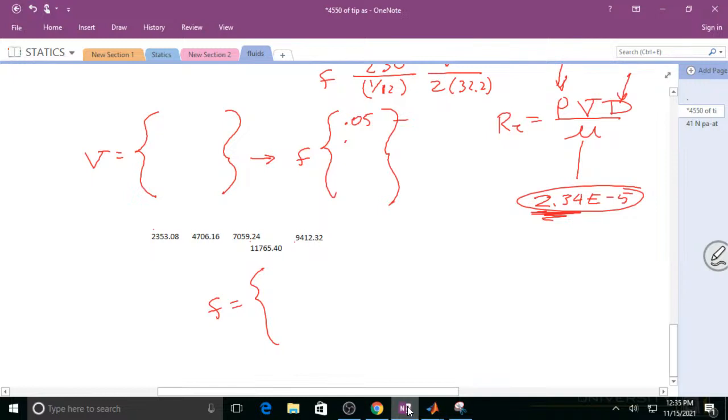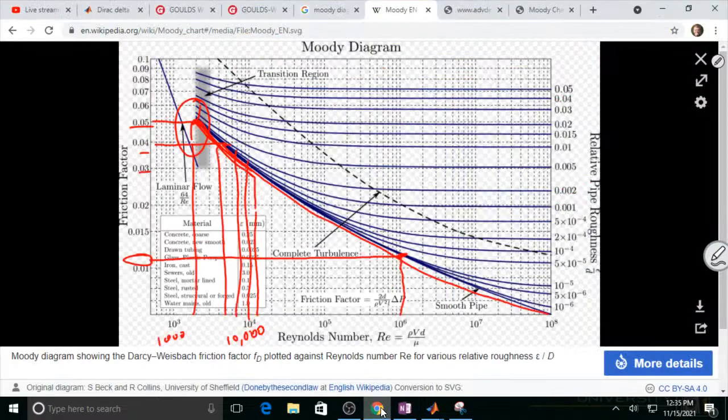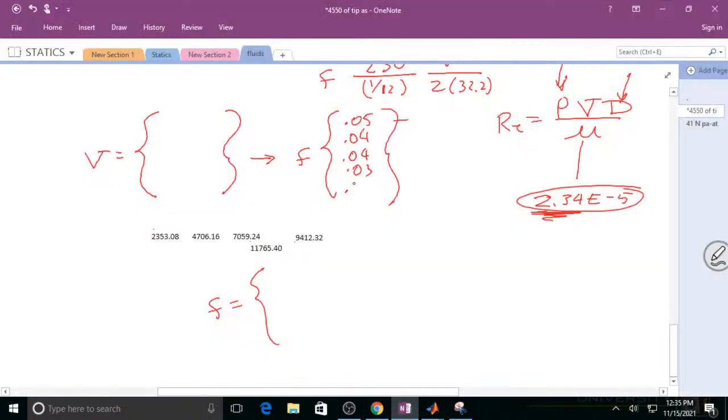I'm just going to get a ballpark. Did I go down to 0.02? No, I'm just going to get ballparks. So I'm going to say it varied pretty much like that.